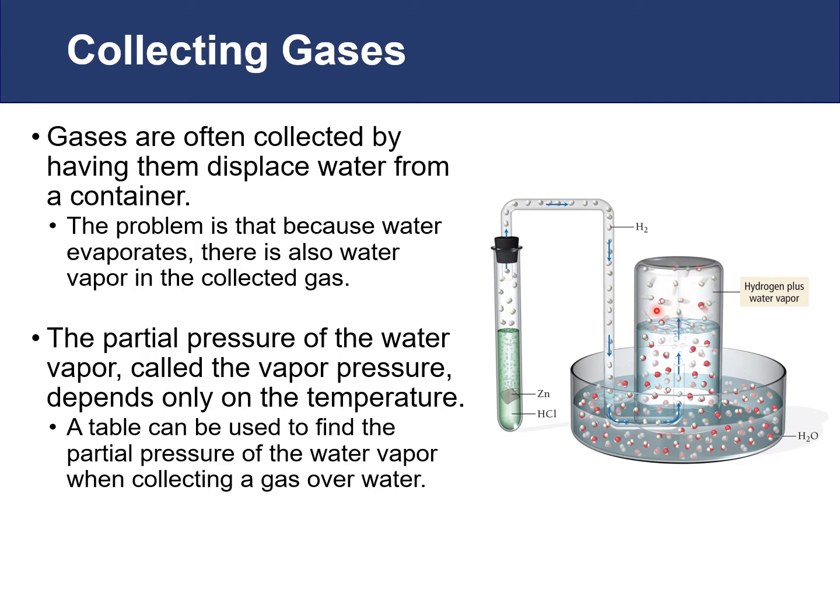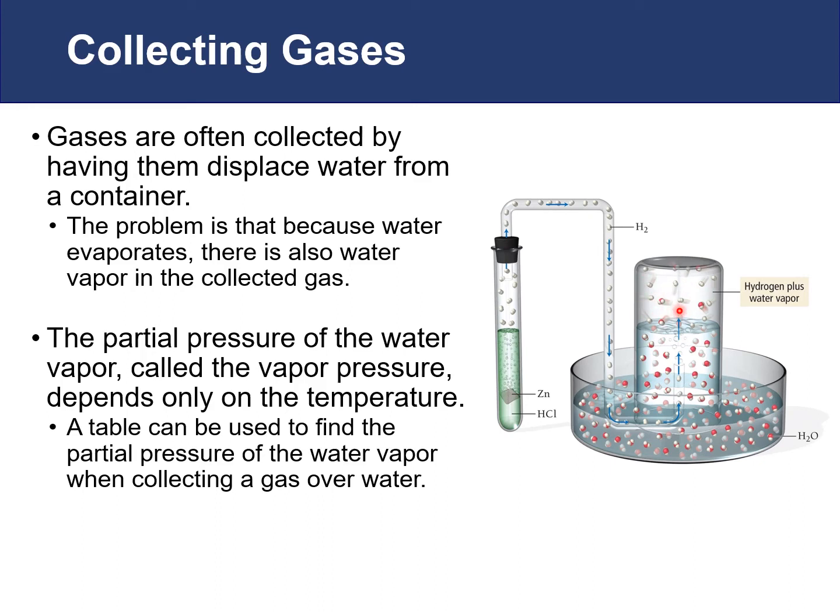Now, because this is a mixture of the gas you're interested in, hydrogen, plus something that, if you're not interested in, could be considered a contaminant, we're dealing with another situation where we have a partial pressure. So the partial pressure of the water vapor is called the vapor pressure. So we can actually figure out how much water is going to be up in the gas phase, and it's temperature dependent.